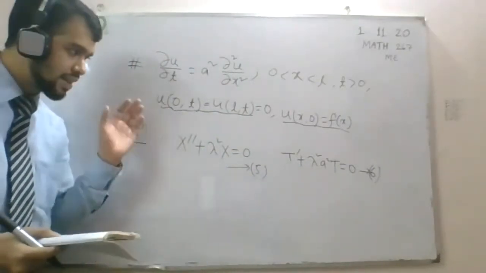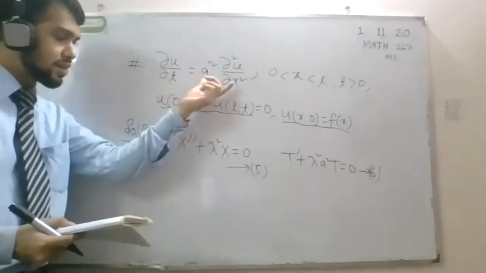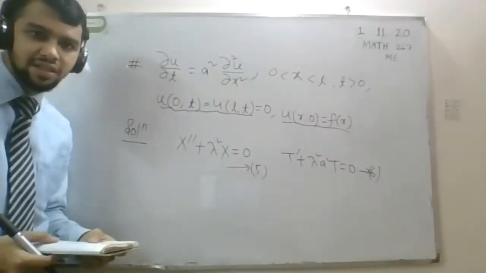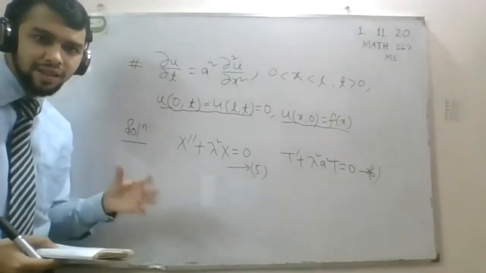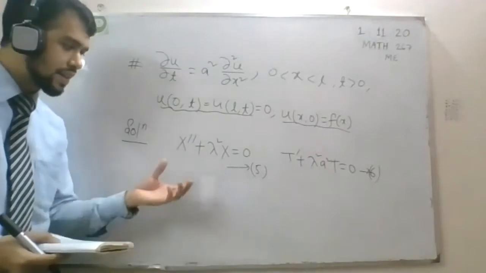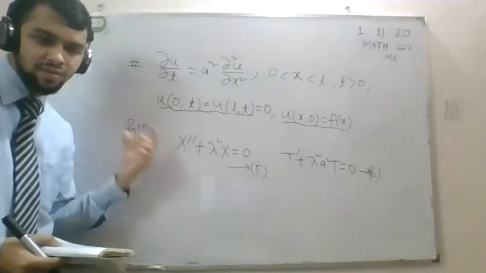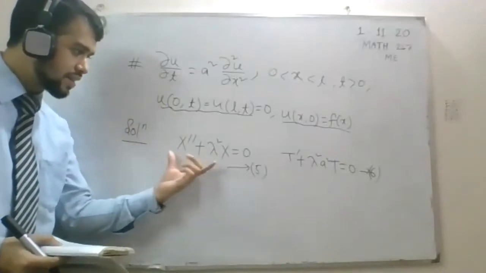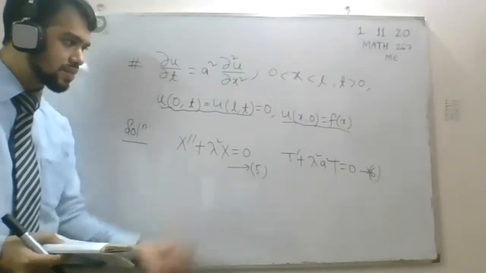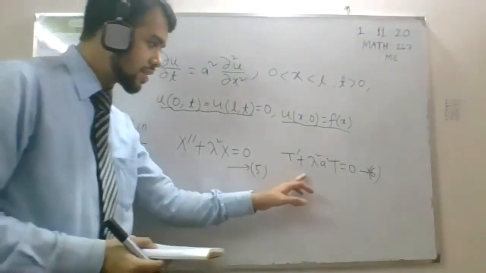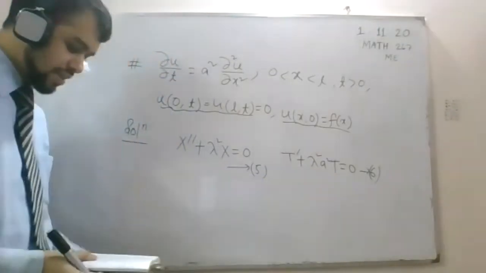We already said that if we get a higher order partial differential equation, we have to let the constant term be minus lambda square, and after that we have to make this equation from this fraction. So here are your equations, which are X double prime plus lambda square X equals 0, and also T prime plus lambda square a square T equals 0.